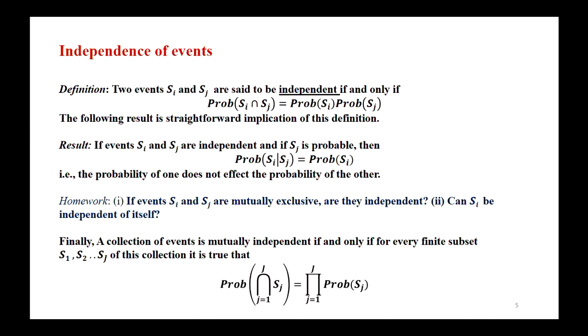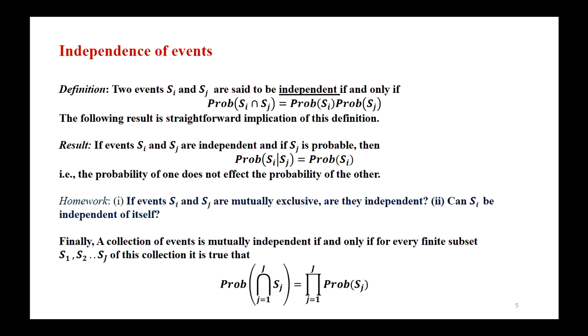By using the definition of conditional probability, you can get very straightforwardly that if two events are independent and if Sj is probable, just by injecting this into the numerator in the definition of conditional probability, you get that the probability of Si given Sj is the probability of Si.